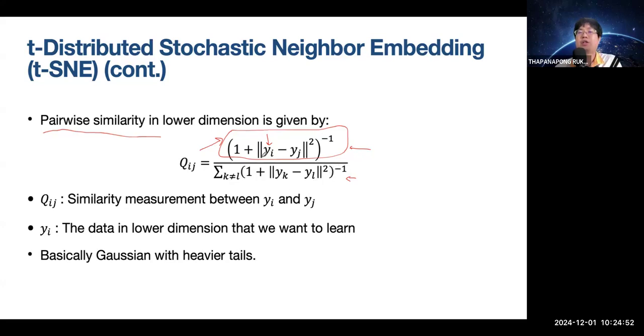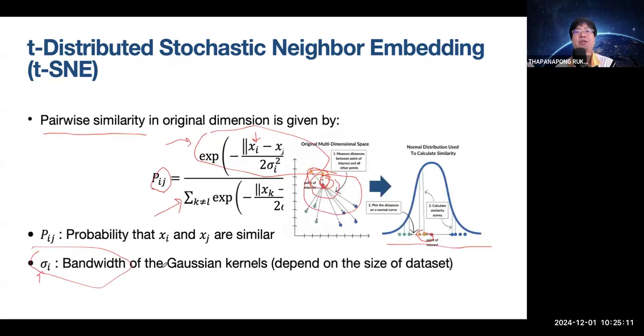And this distribution that we have is actually a bell curve. It's still like a Gaussian, but the tail is heavier, and then we don't have to deal with an additional parameter. So that's why in the t-SNE algorithm, we only have one parameter, which is the bandwidth of the Gaussian kernel.